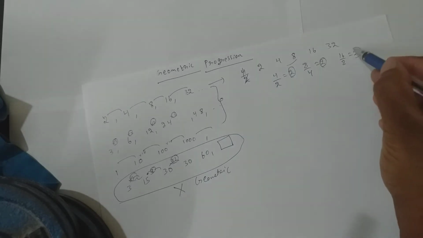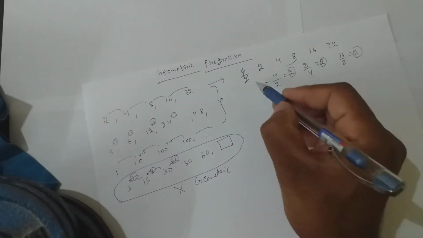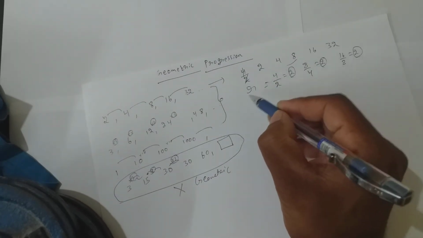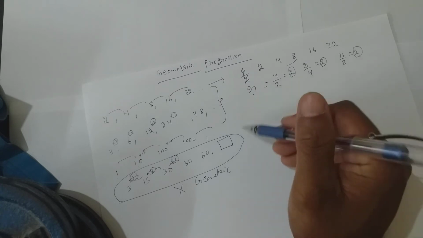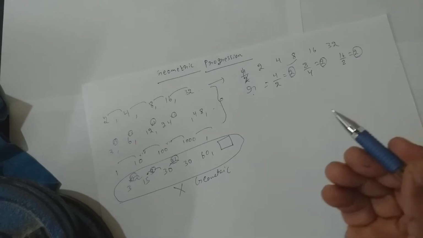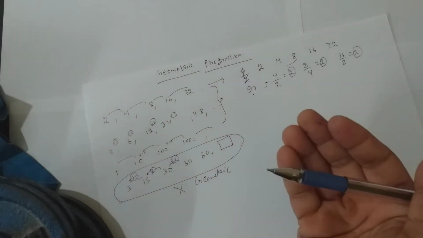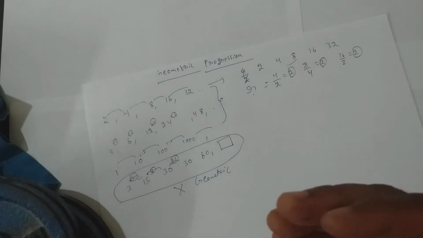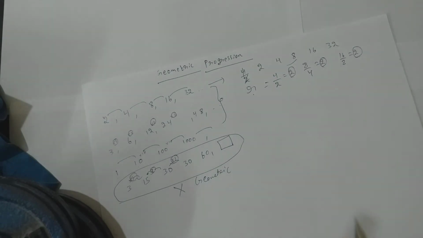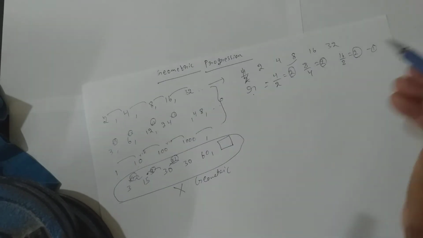This 2 is the result of dividing. So this 2 is said to be a common ratio. And we represent it by the letter R, as in case of common difference we represented using D. Here in this case common ratio we represent by using the letter R. So R equal to 2 in my first case.